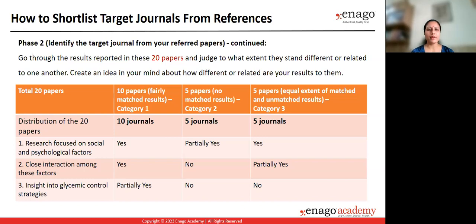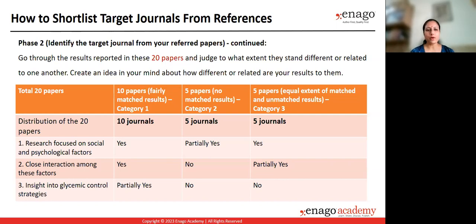And third, whether an insight was provided, discussed or assessed into the glycemic control strategies. Now, as you can see, we have categorized those 20 papers, considering they were in unique journals, as 20 journals, under category 1, 2, and 3, with distributions falling as 10 journals under category 1, and 5 each in category 2 and 3 respectively.